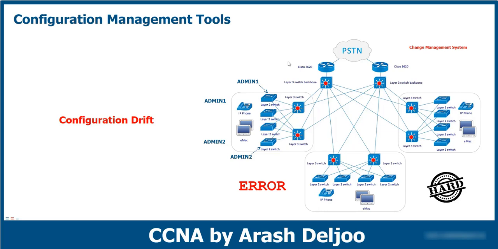Because of that, finally we have a configuration drift between the change management system and the real configuration. And because of this reality, we encounter some problems. For example, per device manual configuration results in configuration drift over time.